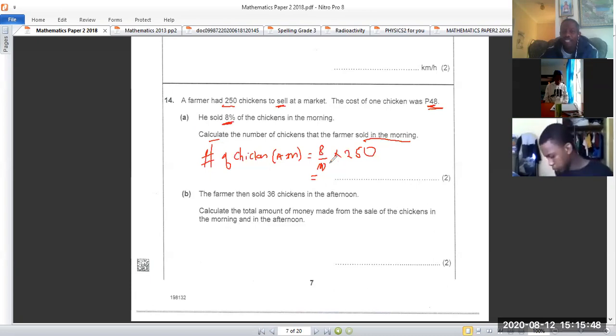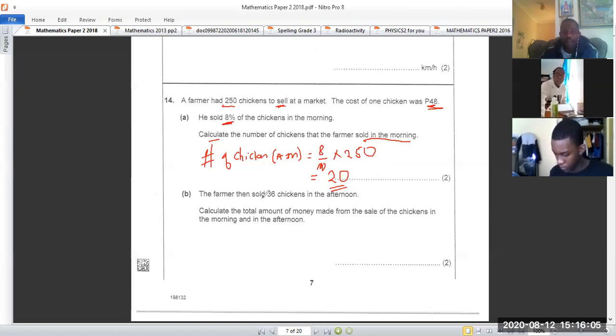Calculate 8%. That is 8 out of 100 times 250 chickens. Is how much? It's 20. Okay, so we have 20 chickens.